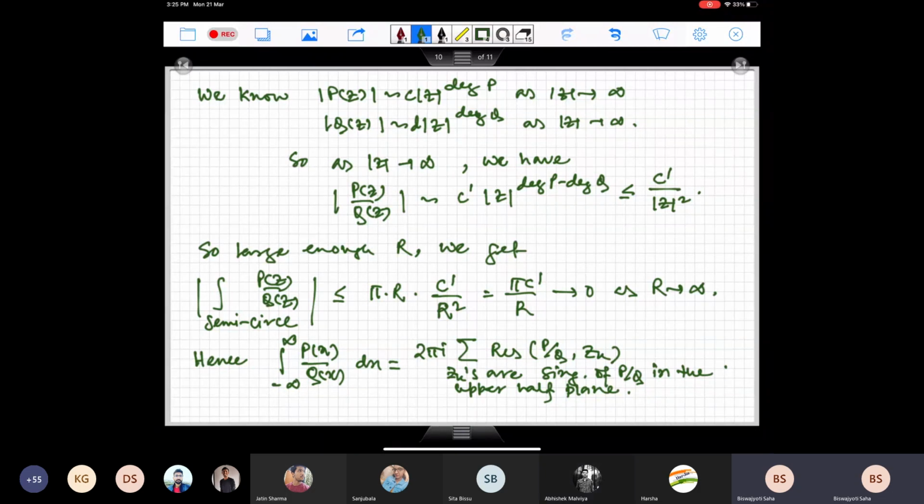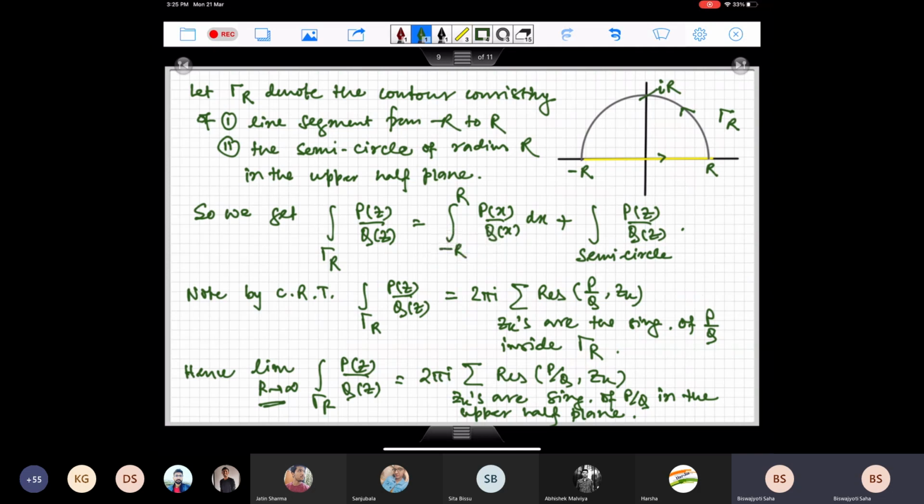Yes. Eventually, after some time, this limit is not going to change. Initially, when you take some r, your gamma r might not contain all the singularities of p by q. That might be true, but when you take large enough r, you will be able to encompass all of them, right?